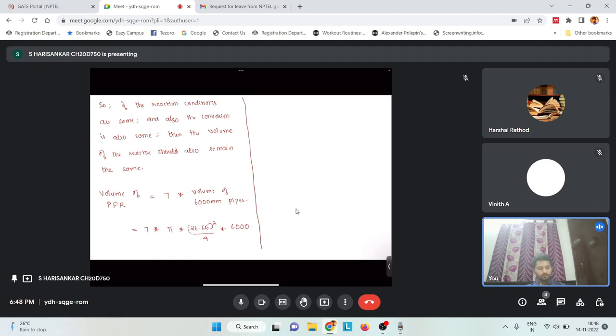So if we do the math here, the volume of PFR will come to 23427,912.778 millimeter cube. So this will be the volume of the PFR in millimeter cube.